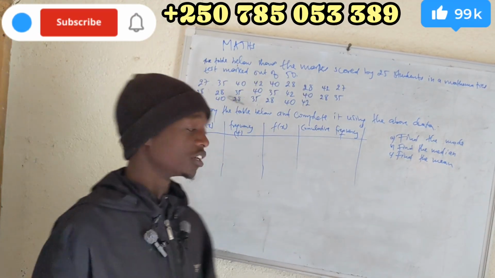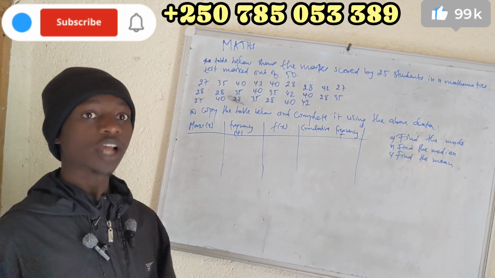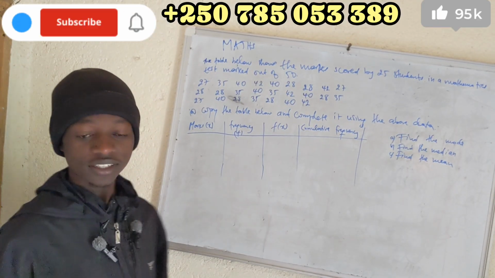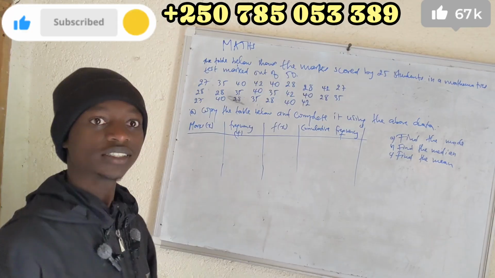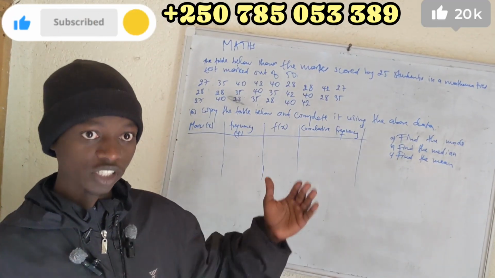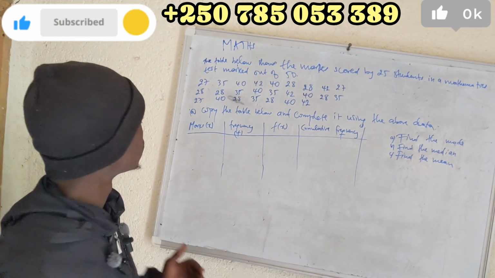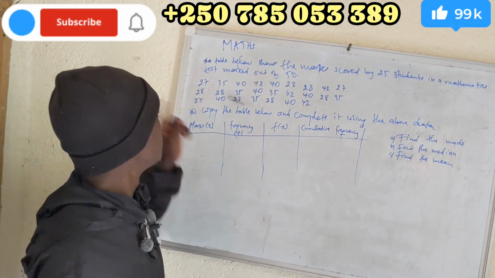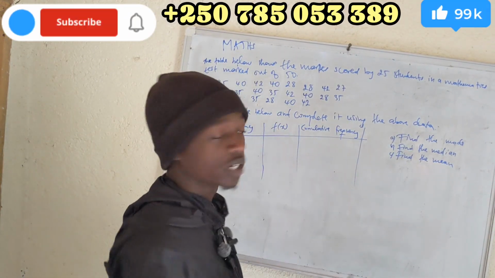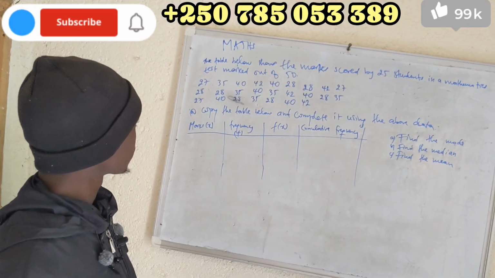So today's lesson is all about statistics. Here I have a prompt that I want you to try, and let me know if we get the same answer. The problem is: the table below shows the marks scored by 25 students in a mathematics test marked out of 15.